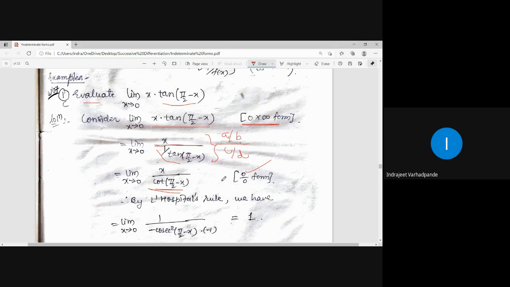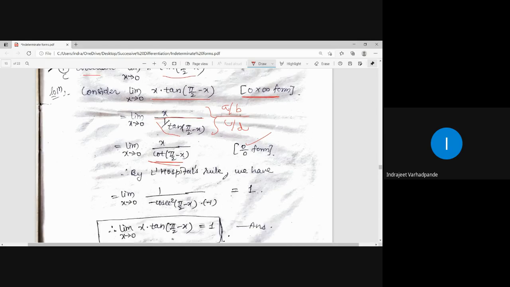And apply the L'Hospital rule. L'Hospital rule means what? We have to go on taking the derivatives till the denominator is non-zero. Clear?